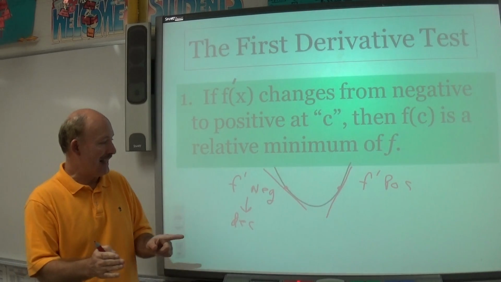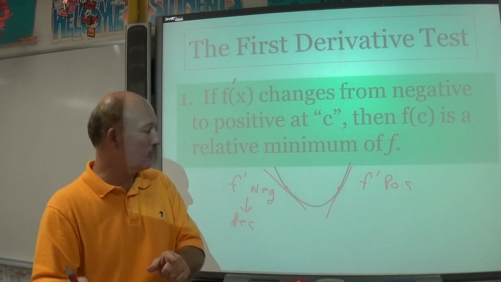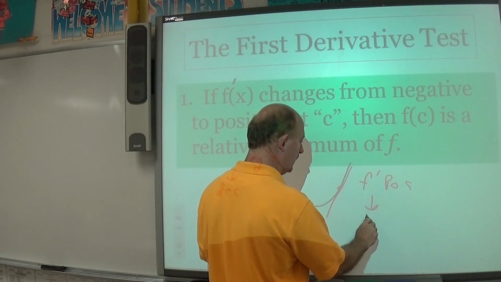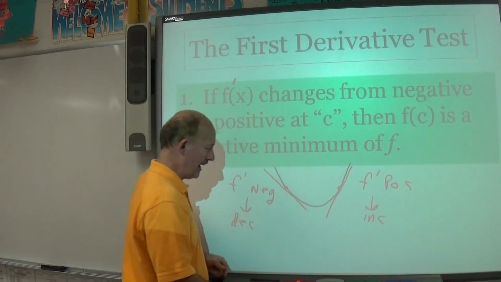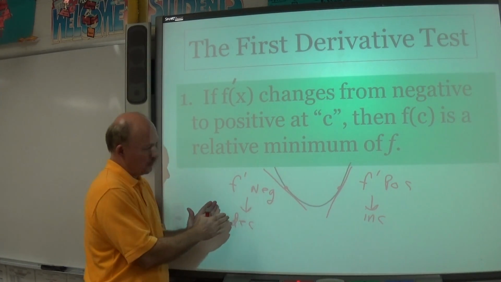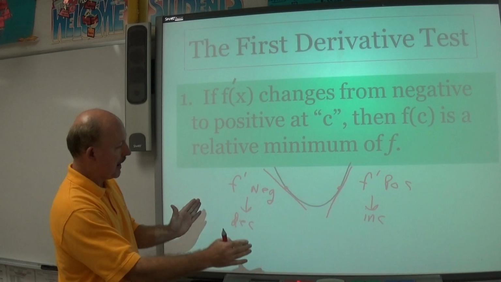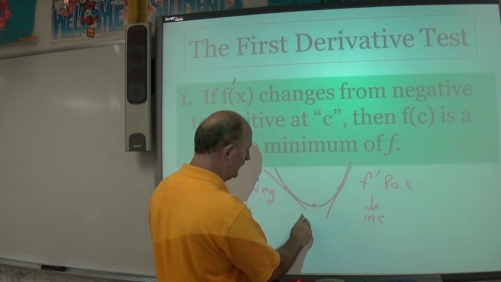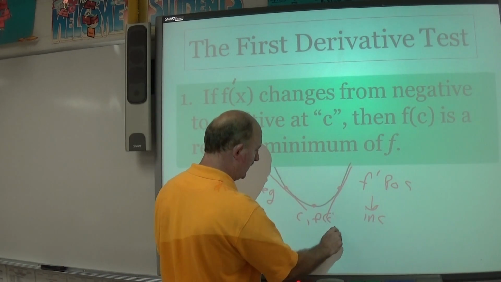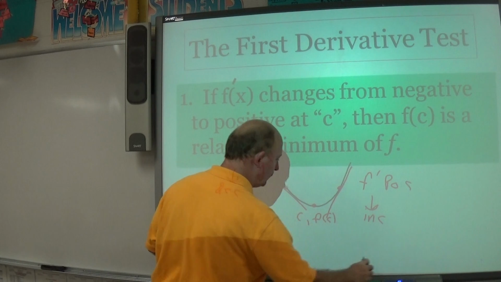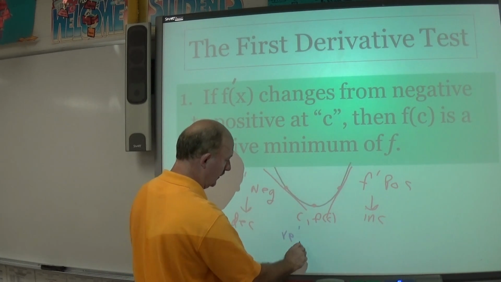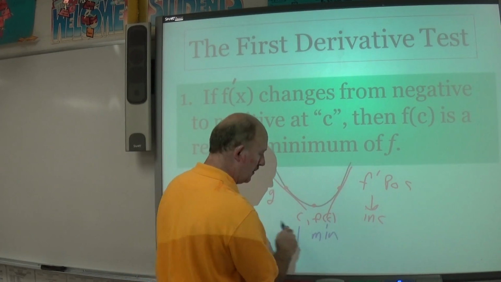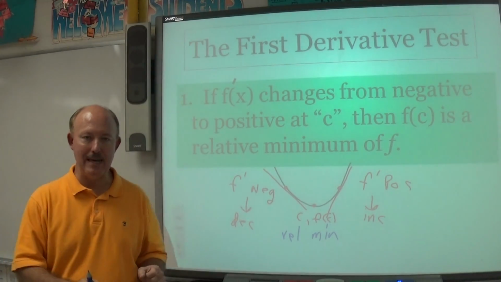Now right away, that tells us that the graph is now increasing. That means where the derivative changes from negative to positive at this point right here, this would be c, f of c has to be a relative minimum value, so relative minimum.